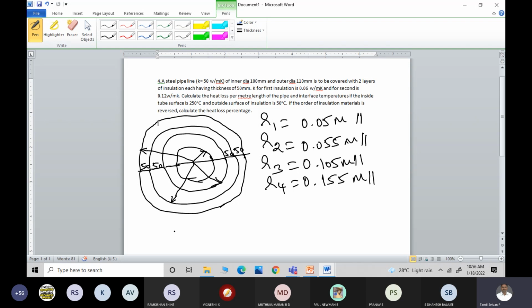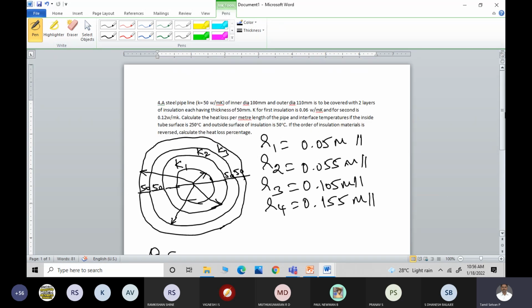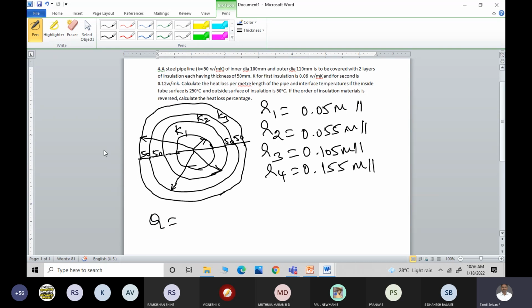Now we have the thermal conductivities K1, K2, and K3. In the first case, let me solve it so you can easily solve the second case and find out the loss in percentages. What is the inner wall temperature? Inner wall temperature is 250 and outer surface is 50, so these are fixed. Let it be T1.